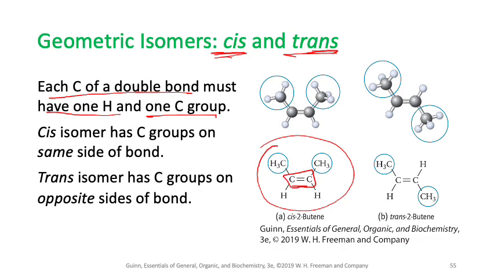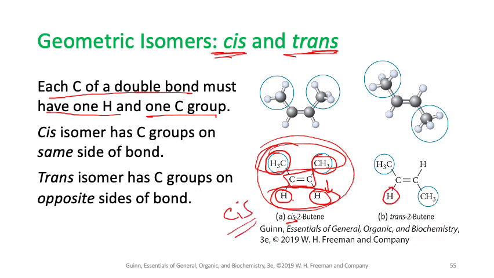On each carbon you have at least 1 hydrogen, and then the second bond on both carbons can have any group. In this case we have a CH3 group, right? So if both hydrogens are on the same side, and both the groups are on the same side, that means this is the cis isomer.